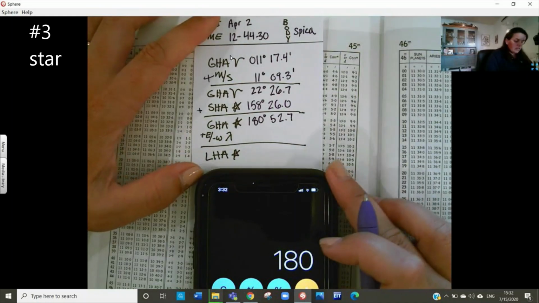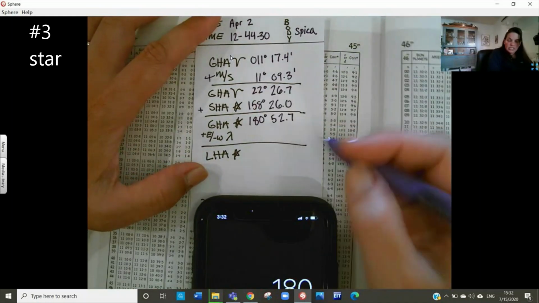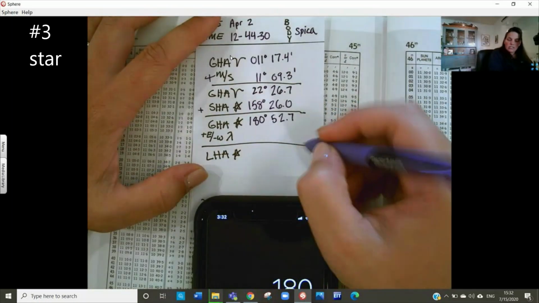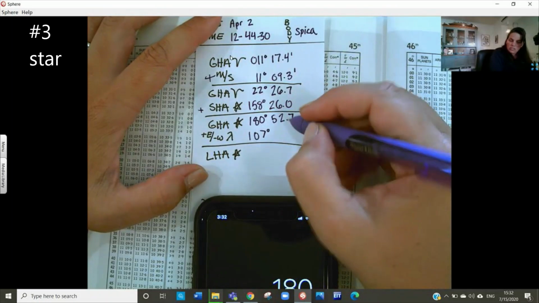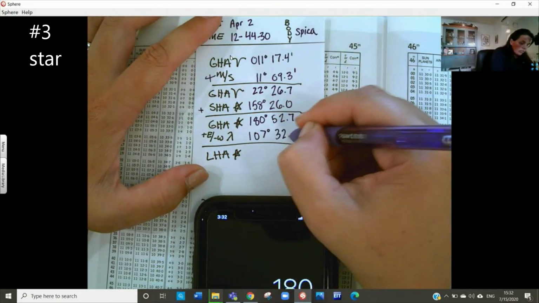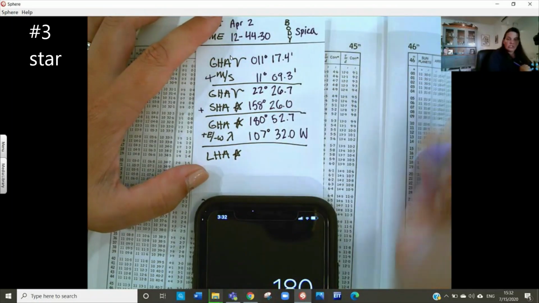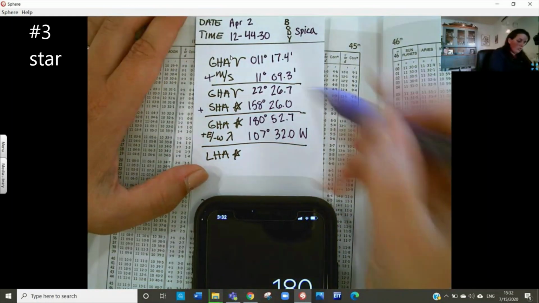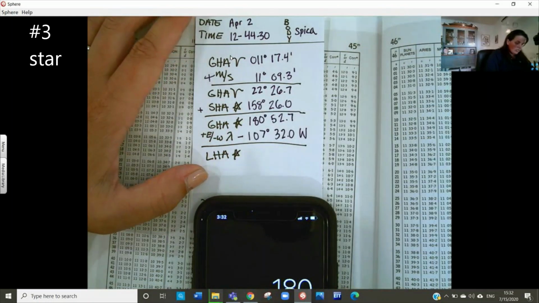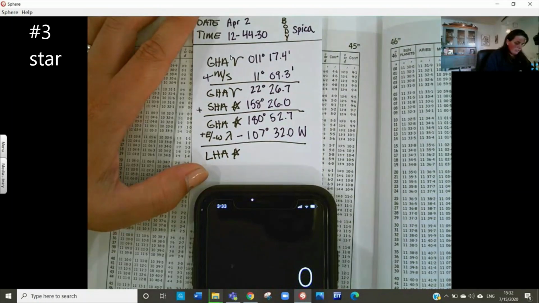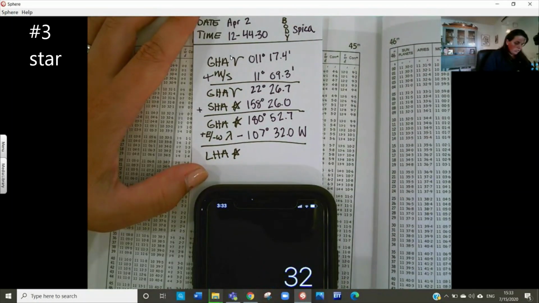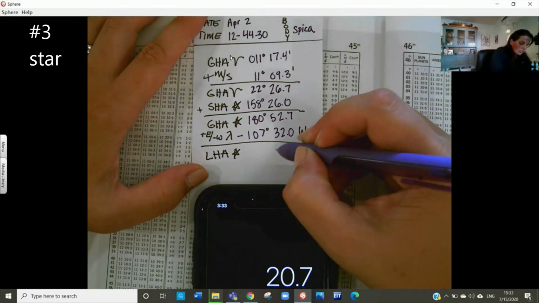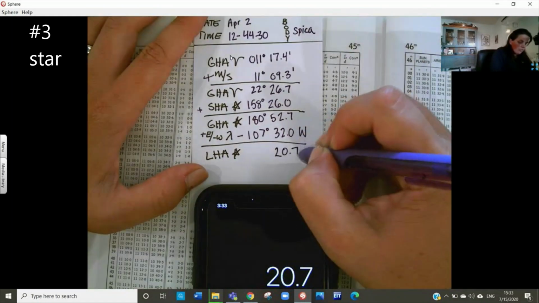So now we're going to apply our longitude. Our DR longitude is 107 degrees 32.0 west. So it's west, we are going to subtract. So now we have 52.7 minus 32 gives us 20.7.